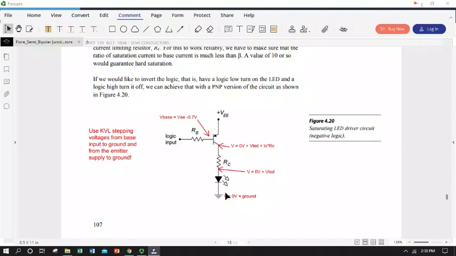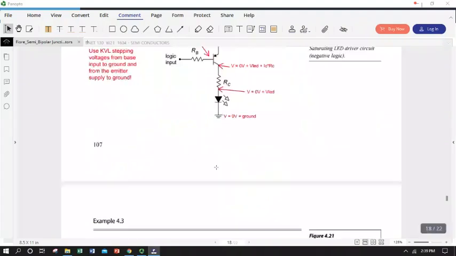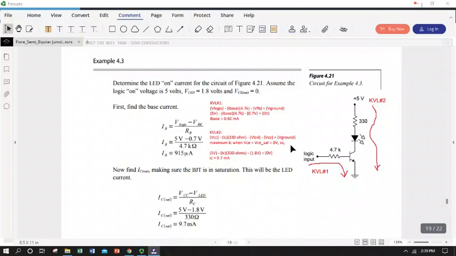And in this case, we can get a gauge of what the collector current might be by looking up our KVL path to our collector emitter. But in either case, we would have to make some assumptions about the collector emitter, probably using our beta, because we don't know if we're at saturation or not in both cases.